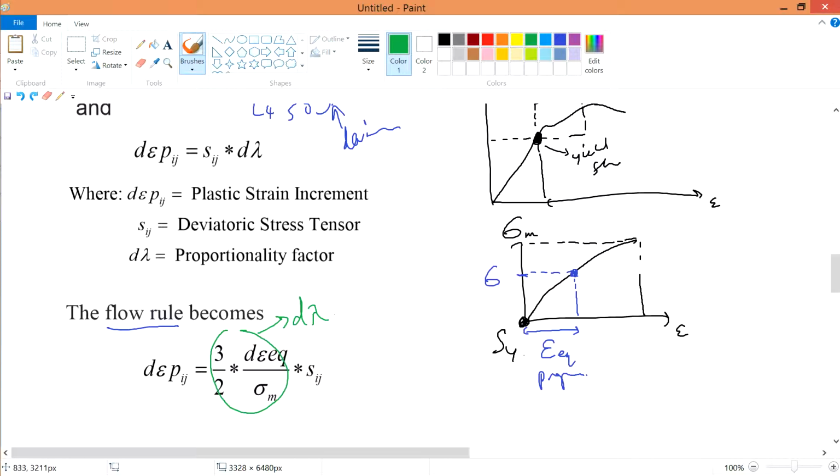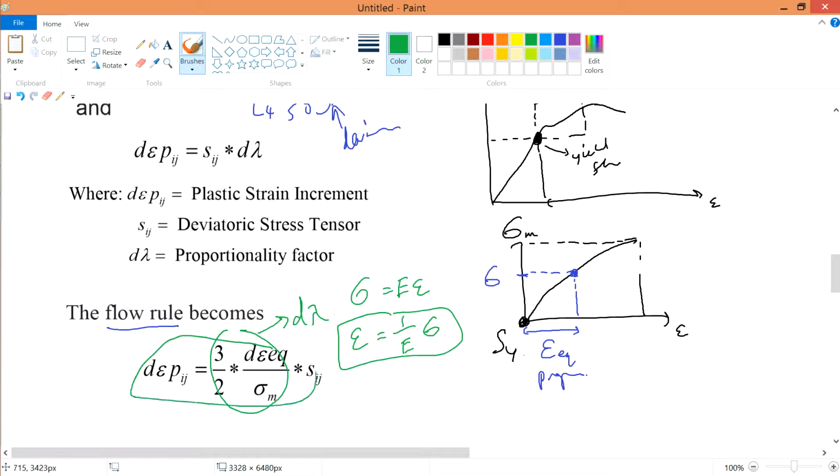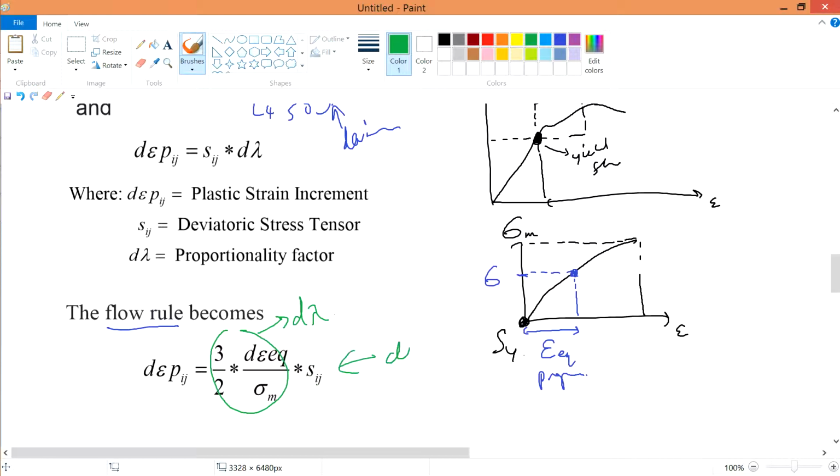Same as if you talk about stress equals E times strain, rearranged, strain equals 1 over E times stress. This is very similar. Your strain increment is like 1 over E times your stress, where the stress is your shear components, the deviatoric ones. So normally you calculate your deviatoric stress first, then find your increment, then find your von Mises, and you should get your incremental strain.